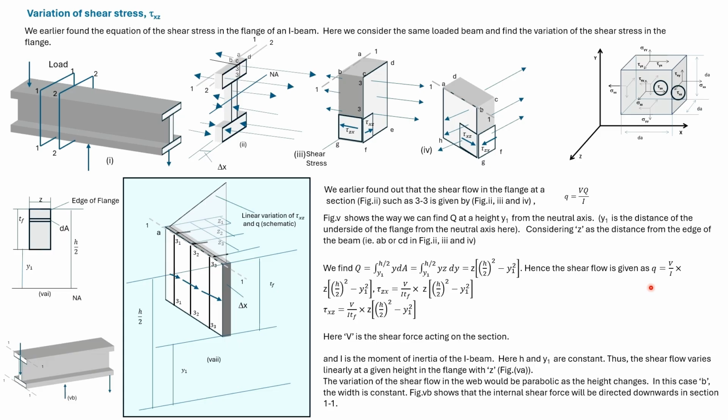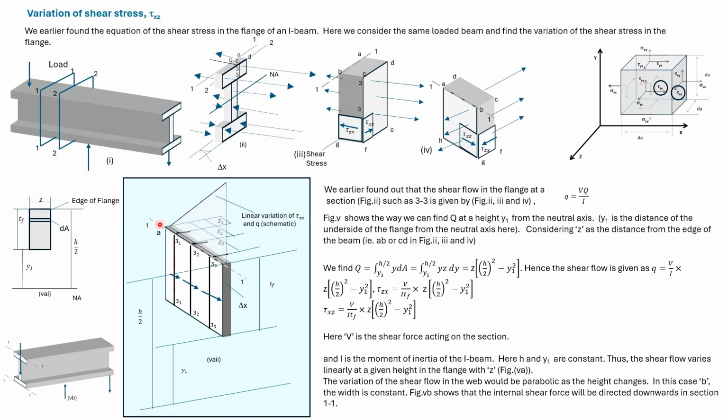Dividing the shear flow by the thickness of the flange, we get tau Zx. Now tau Zx is equal to tau xz. So tau xz is given by this expression.